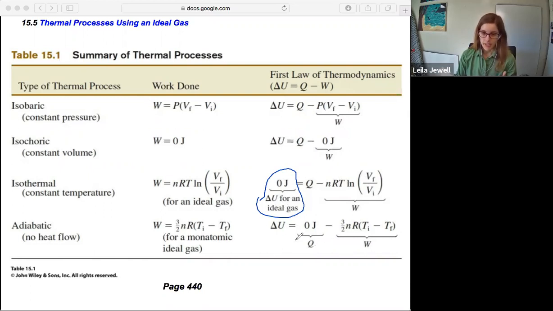In the adiabatic case, the heat is 0, and so the change in internal energy is negative of the work. It just comes full circle. So this introduces 4 key thermal processes that you will want to be comfortable identifying, because once you identify them, then you can look at this table and get a lot of clues on how to figure out the work, the change in internal energy, and the heat, the key 3 variables, all from the first law.